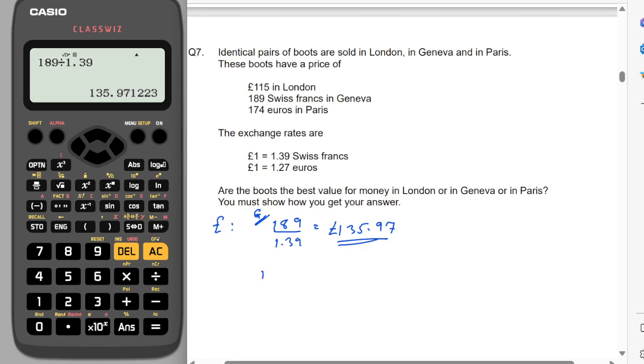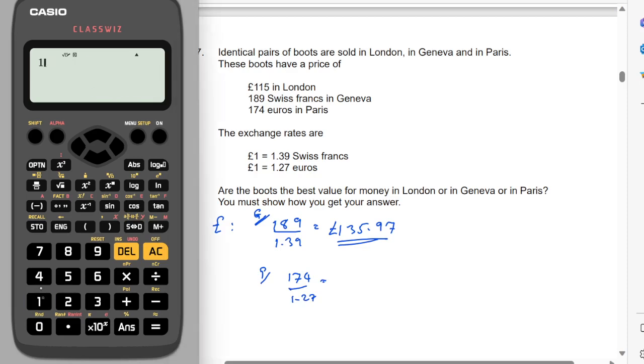And then in Paris, it's going to be 174, and we've got euros, so I'm dividing by 1.27. So 174 divided by 1.27 gives me a value of, so I missed my 7 out.